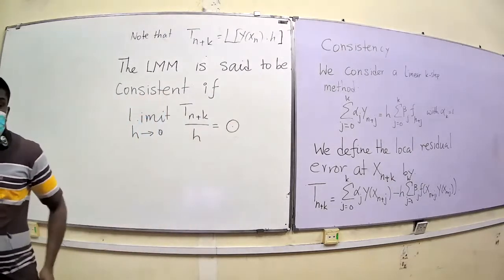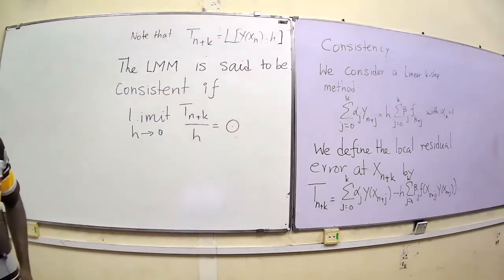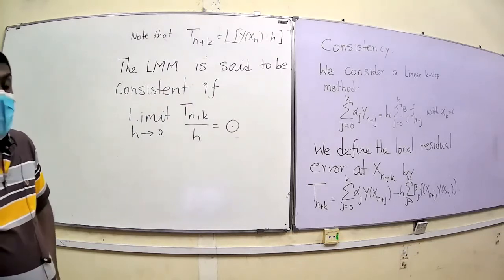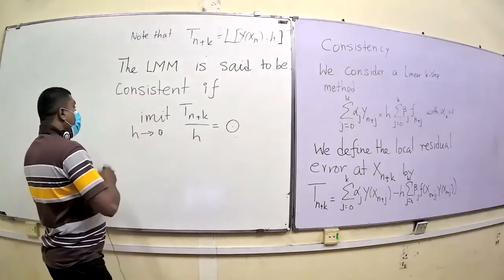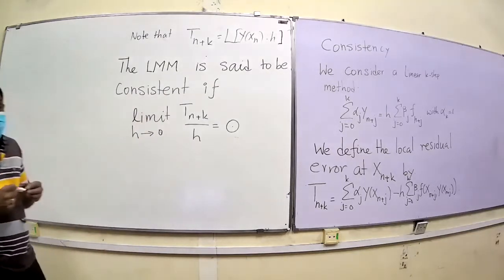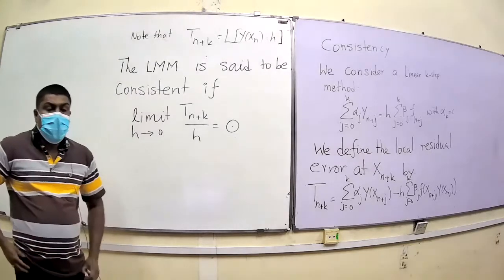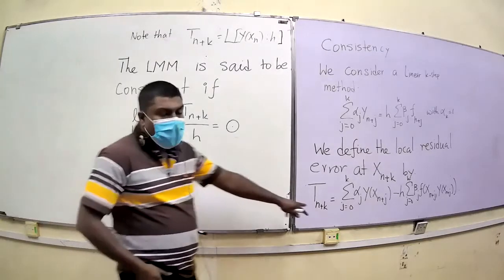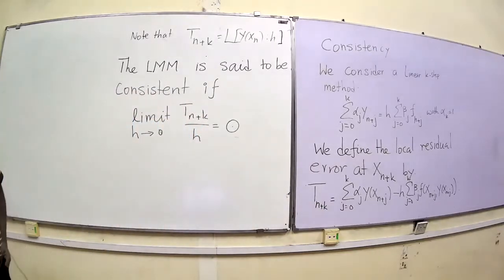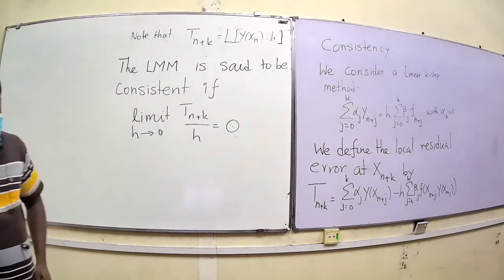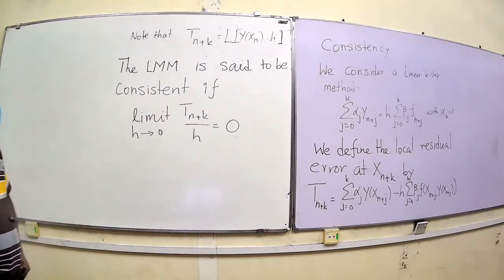If the limit of the local residual error divided by h is equal to 0 as h goes to 0, where you define tn plus k as here, that is the local truncation error, then we say that the method is consistent.